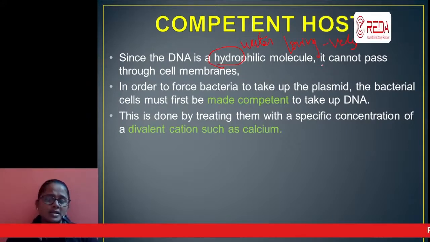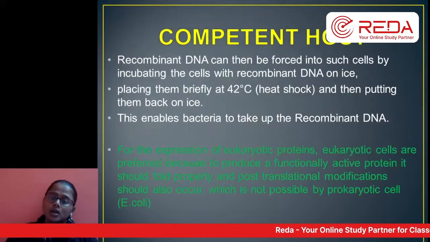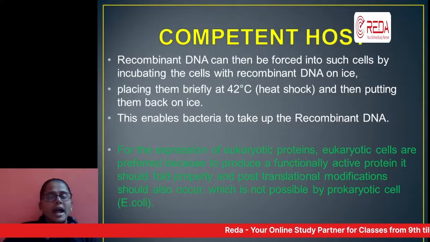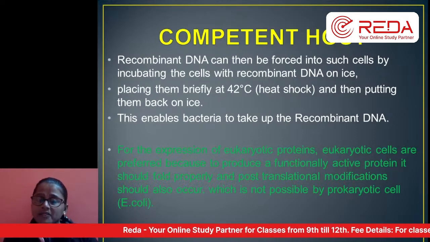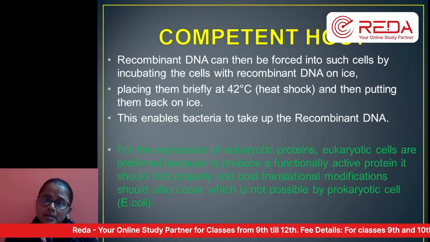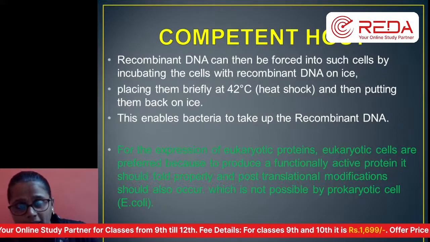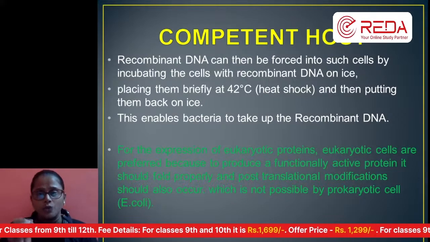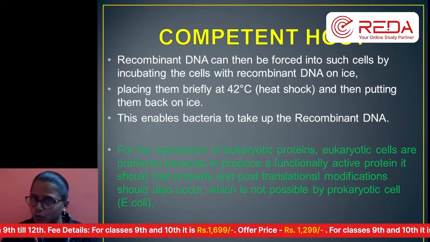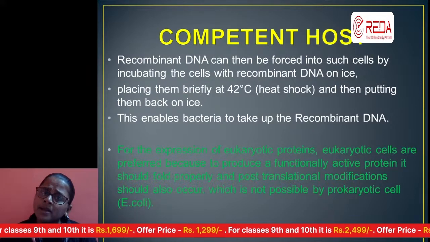A specific concentration of divalent cations such as calcium is added to the E. coli. When you add this type of chemical substance, it creates some disturbance in the phospholipid bilayer of the bacteria, which leads to the formation of pores through which the DNA can enter. Or else you can give a heat shock.